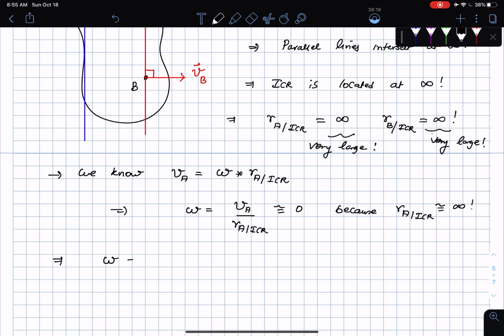Omega of the body is 0, so the body is in translation at that point in time.